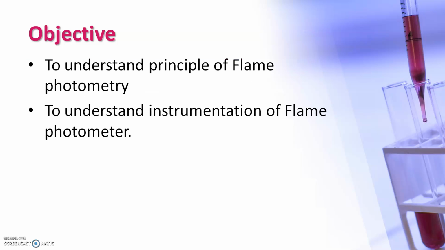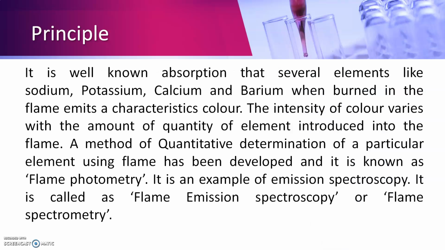First is to understand the principle of flame photometry. Next is to understand the instrumentation of flame photometry. Then we start with the principle. It is well known that several elements like sodium, potassium, calcium and barium, when burned in a flame, emit a characteristic color.